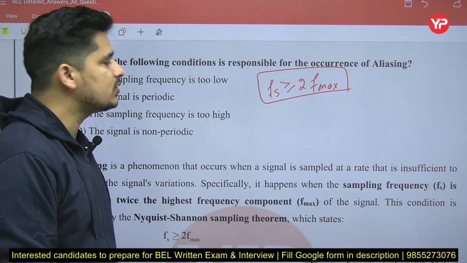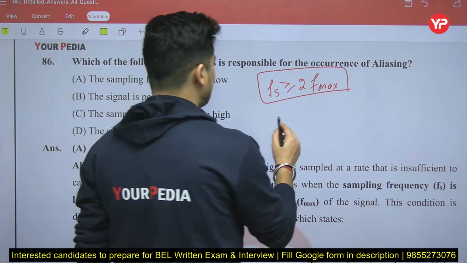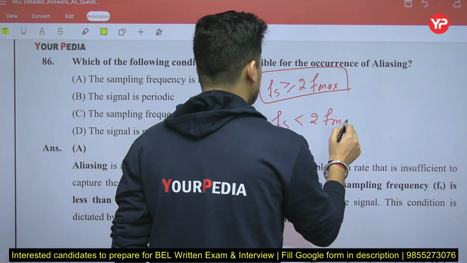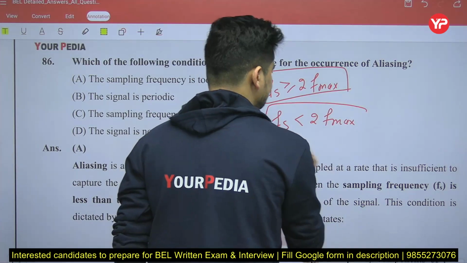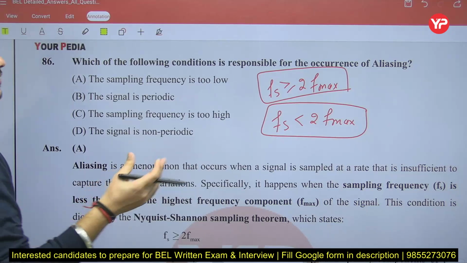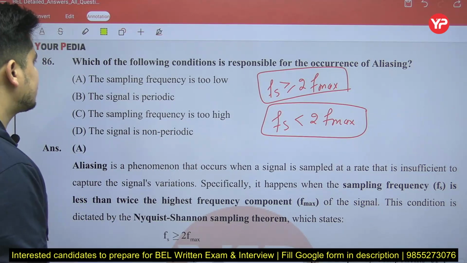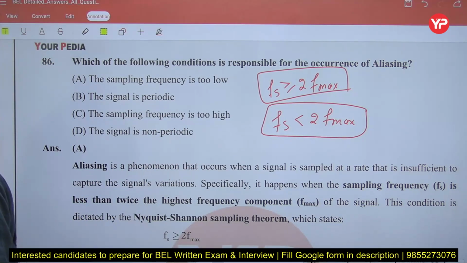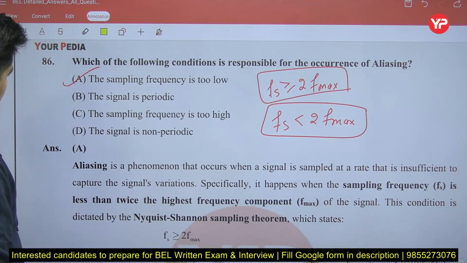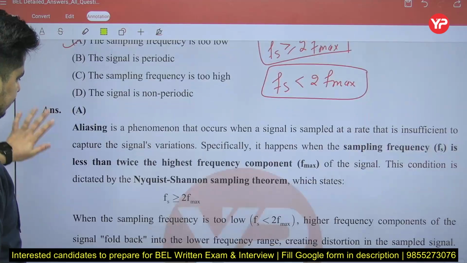If it is not satisfied, meaning your sampling frequency is less than twice the maximum frequency present in your signal, then there will be aliasing. Aliasing means there will be overlapping of the spectrum. So aliasing occurs if the sampling frequency is too low. That will be the answer.